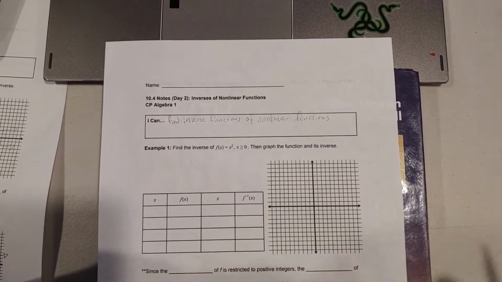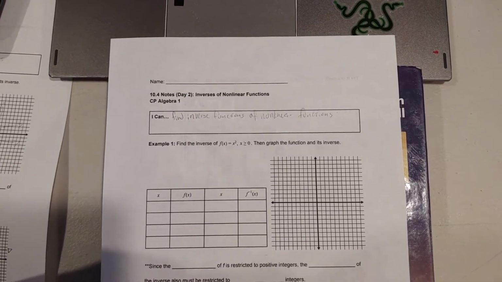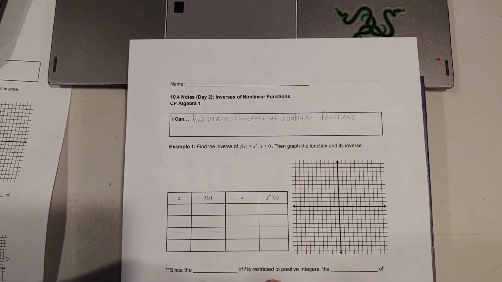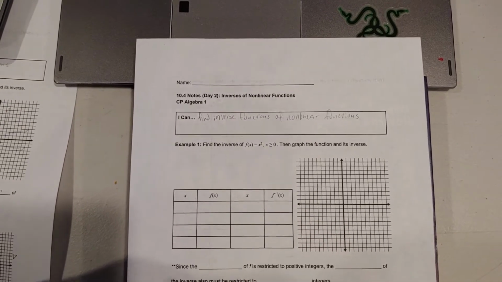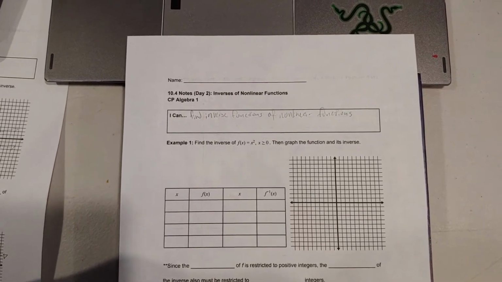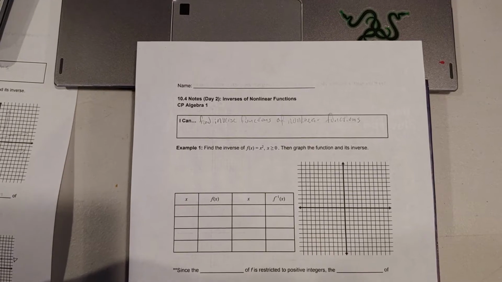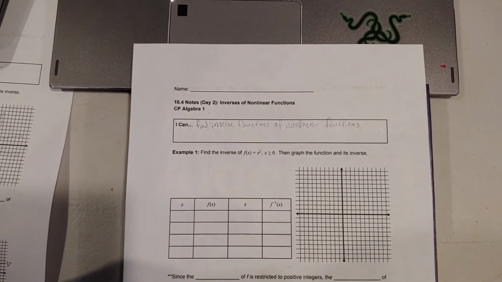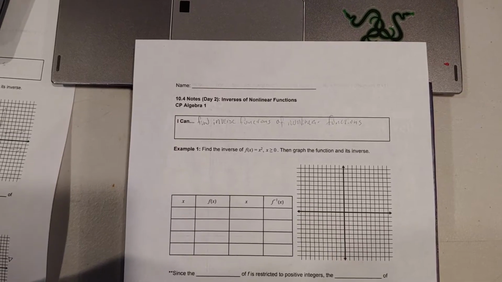When something is squared or square rooted, that's as far as we're going to go. No crazy cube roots or anything. So I think it's pretty straightforward. It's more or less the same process as before. So let's just go ahead and jump into it.